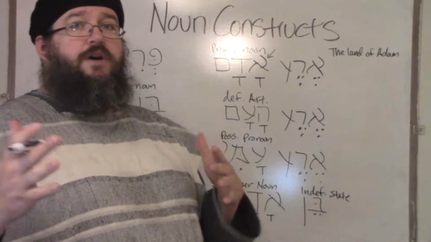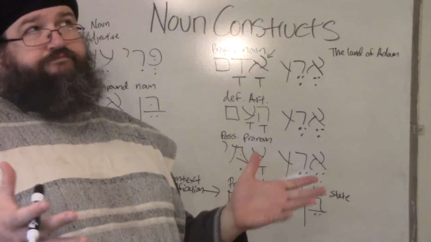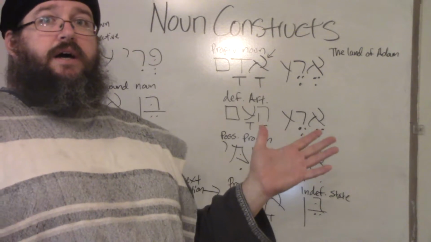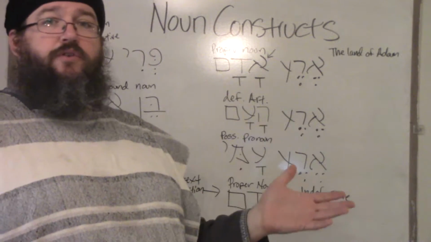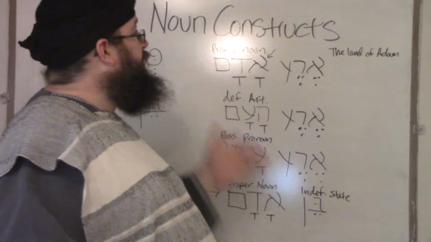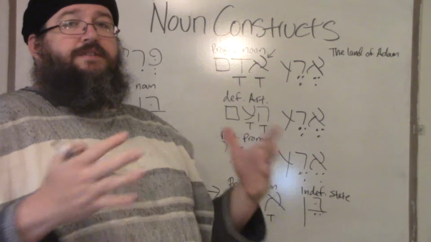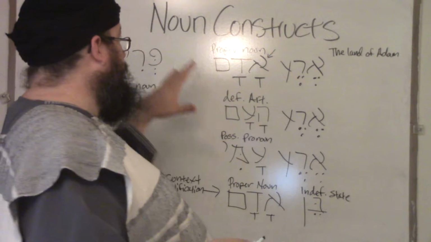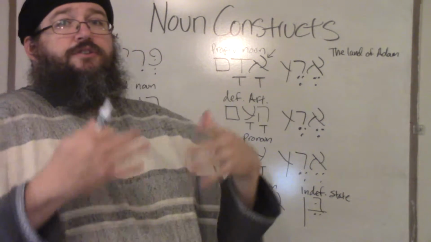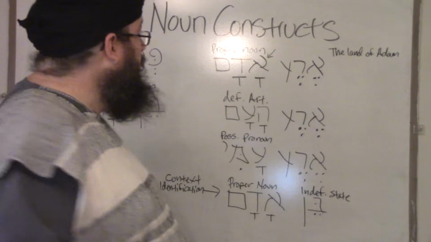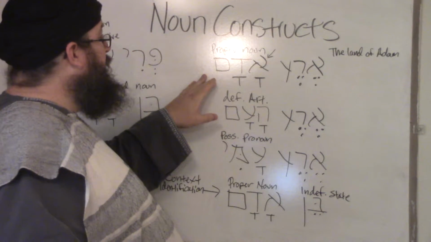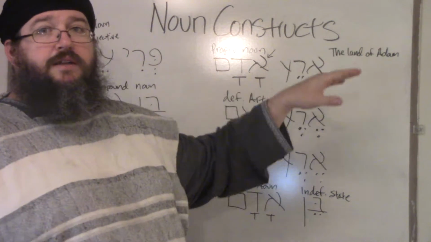Those are the of sentences or compounds or statements that you want to refer to, okay? So think about the of as the in-between word that disappears, because in the noun construct form, it's assumed in the language. So Eretz Adam is going to be the land of Adam.